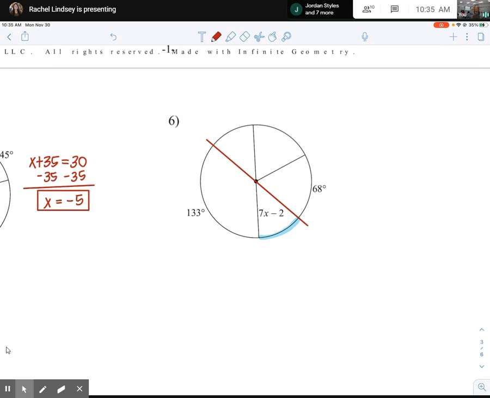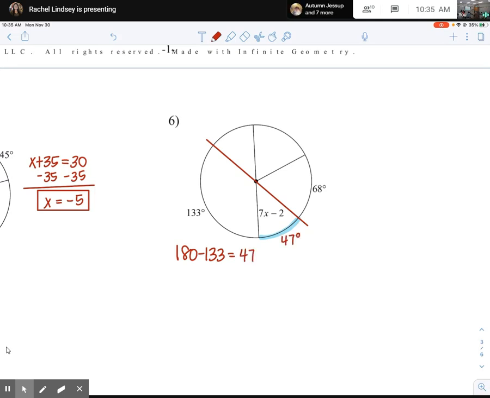The diameter is that red line. What do I know about the arcs on one side of it? It equals 180. So 180 minus 133 should give me what the blue arc should equal. That gives you 47. So this arc is 47.